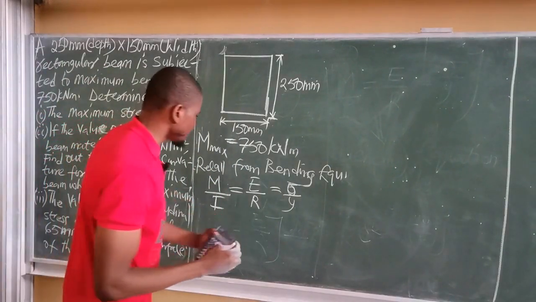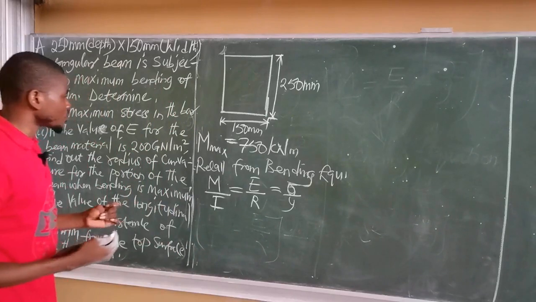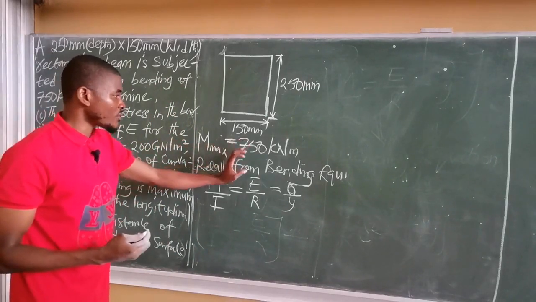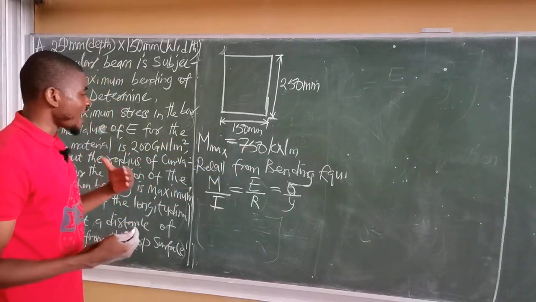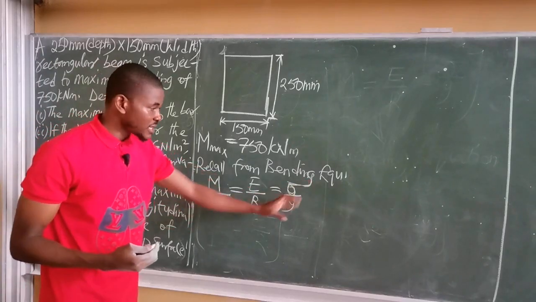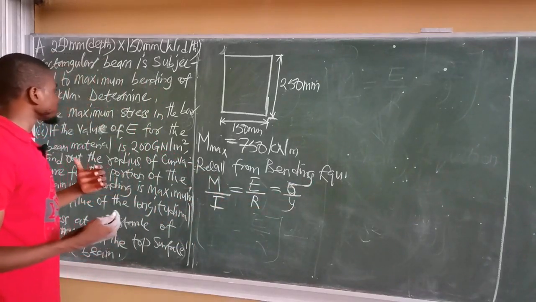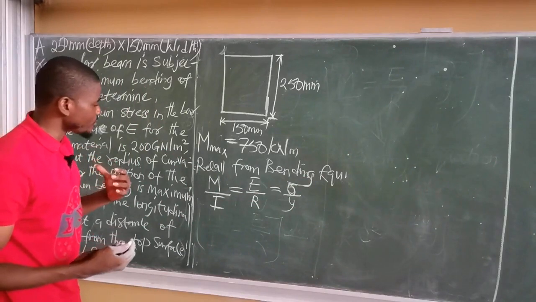That's what Y is. So the first part of the question, we are given maximum bending moment of 750 kilonewtons meter. We are asked to find the maximum stress.